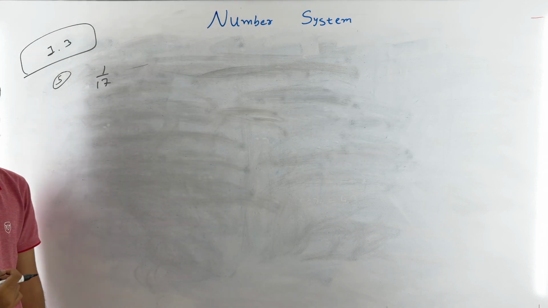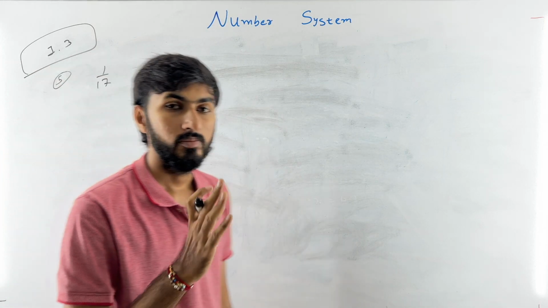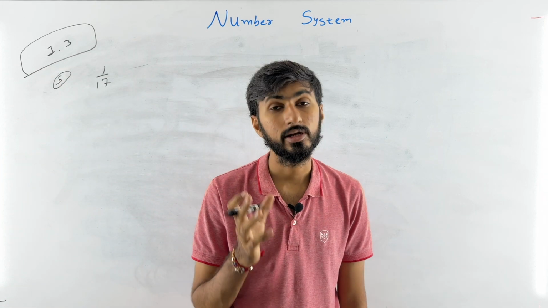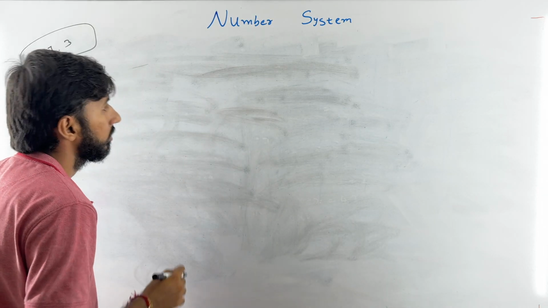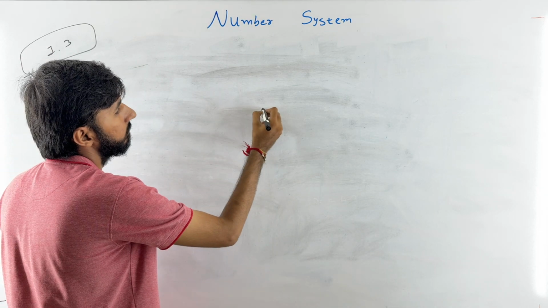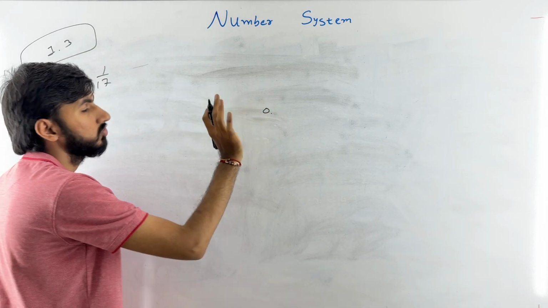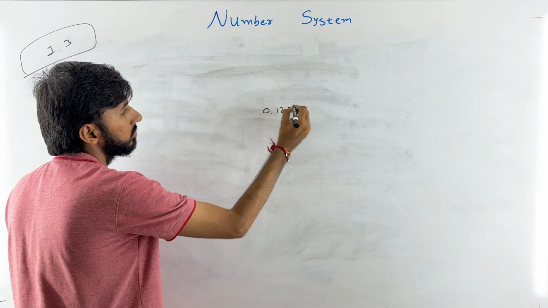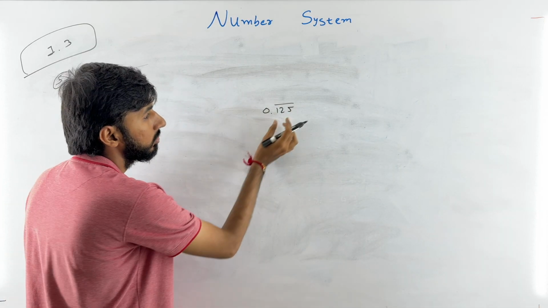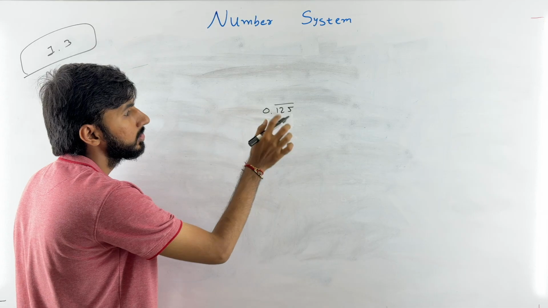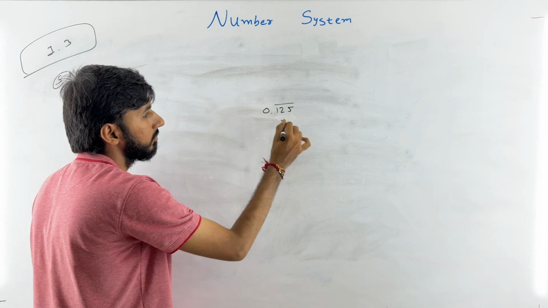Now here we have question number 5. The question is, we have to find the maximum number of digits that can be in the repeating block of the decimal expansion of this number. If I write the decimal expansion of this number, let me assume the decimal expansion is 0.125 with a bar on it, so the number of digits repeating in this repeating block is 3.